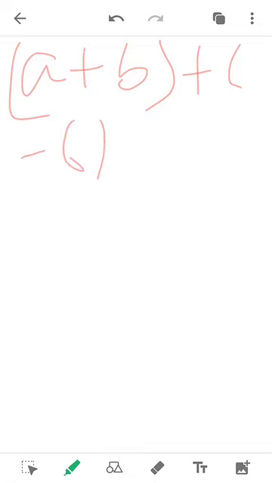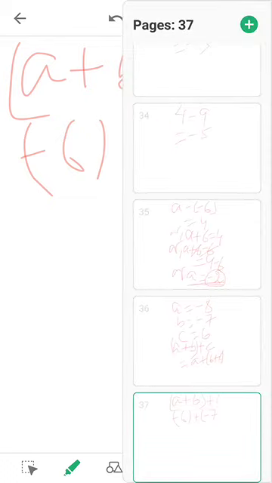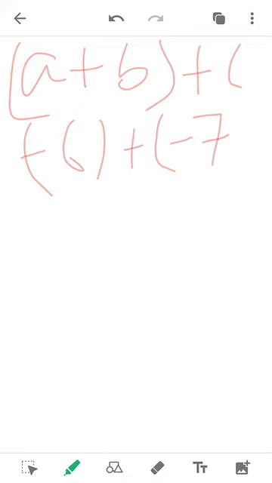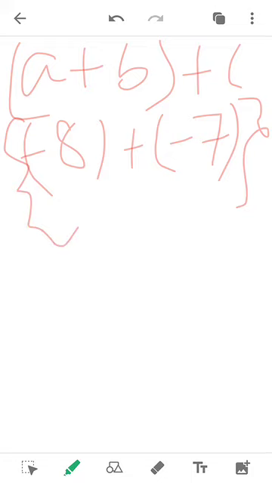Here we have a is equal to minus 8, b is equal to minus 7, and c is equal to 6.